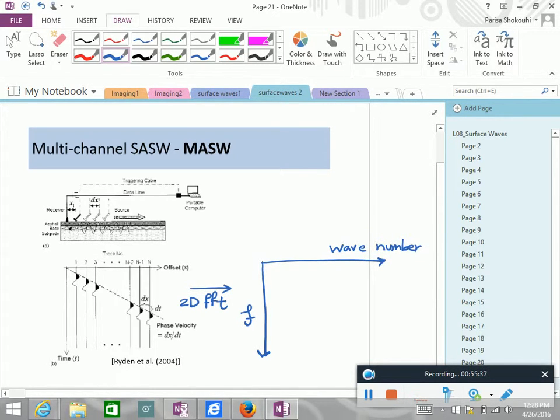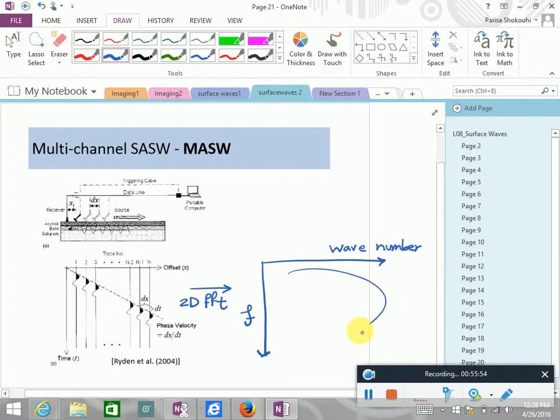That's a kind of spatial frequency, if you want to think about it. Frequency is like 1 over time. Wave number is like 1 over wavelength, 1 over distance.